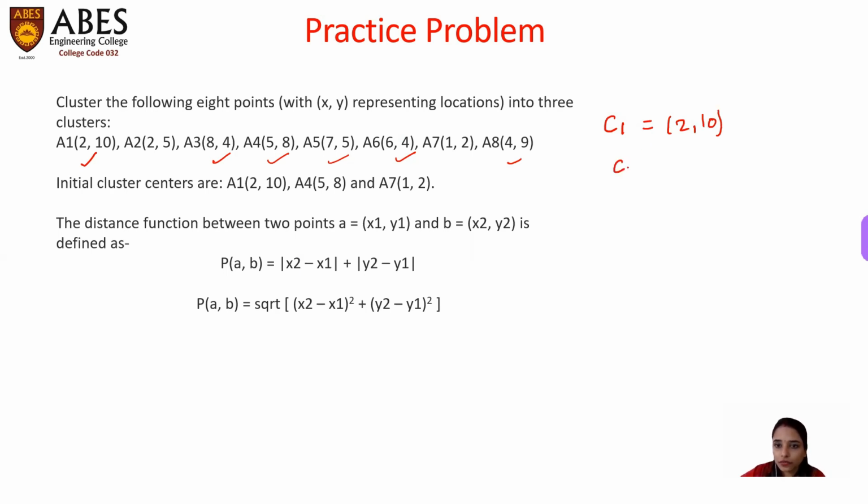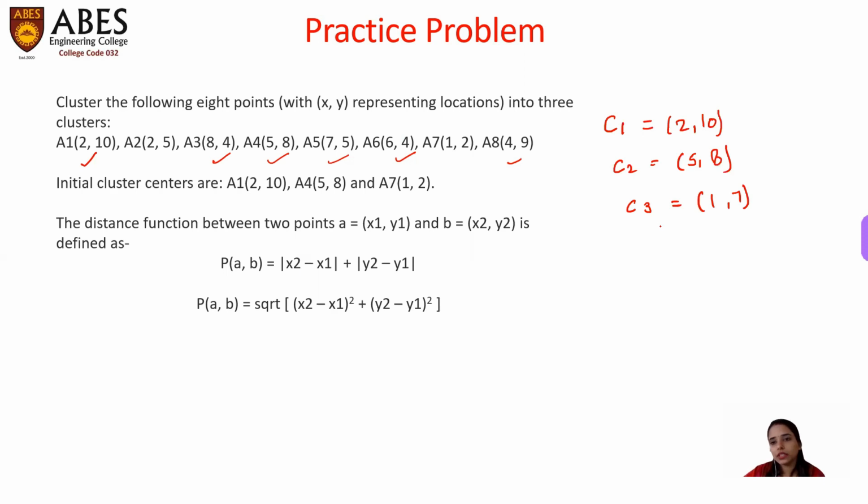Then the center of the second cluster is 5, 8, and the center of the third cluster is 1, 7. So we have taken these 3 cluster centers from the given data points only.